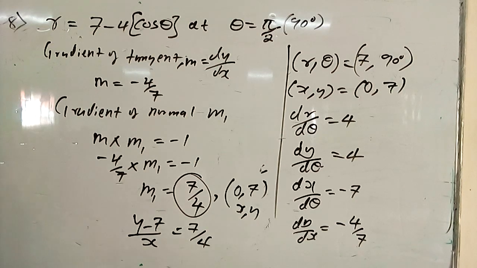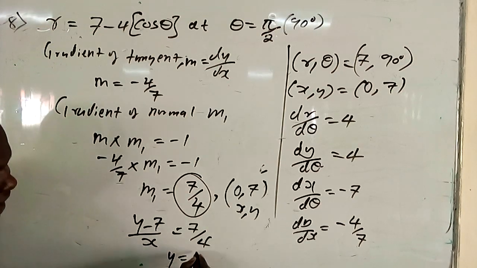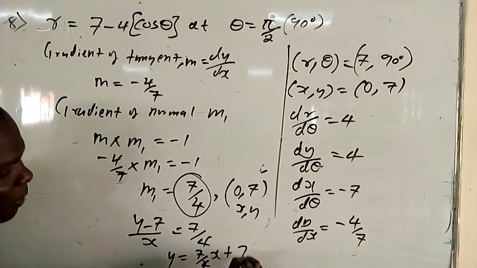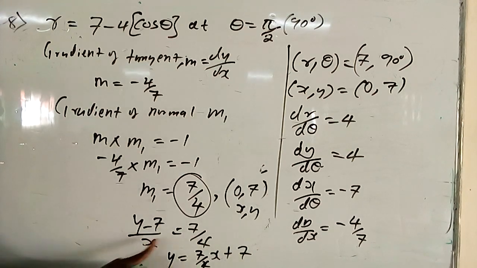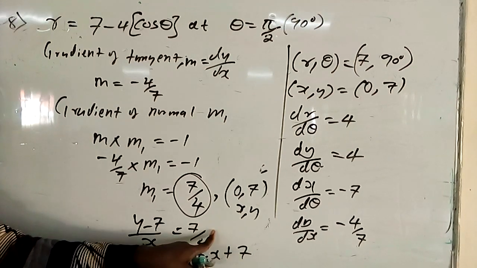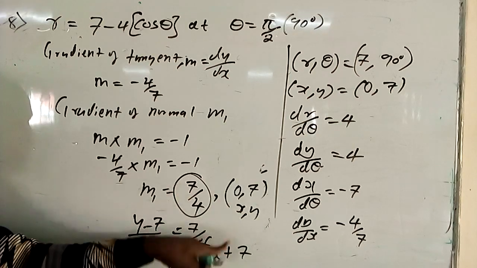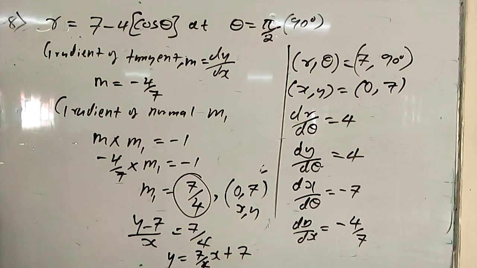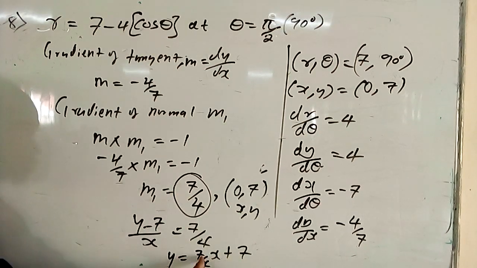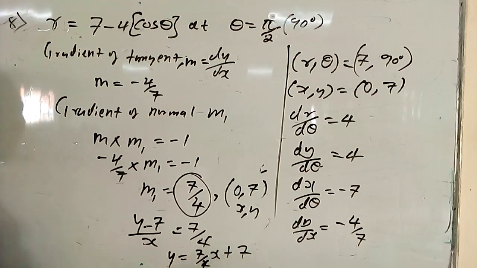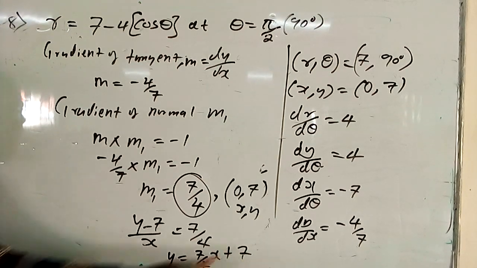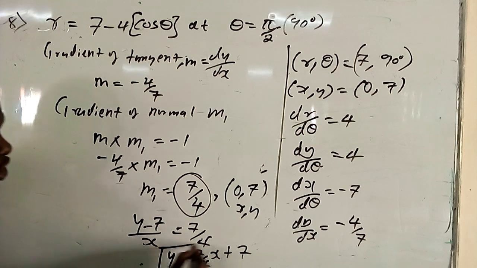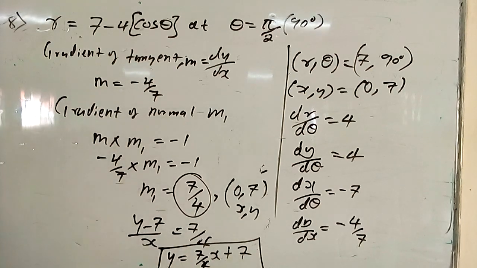If you simplify that, you get y is equal to 7 over 4 x plus 7. Here y equals mx plus c, where m is the gradient and c is the intercept. So you found the equation of the normal to that given curve. Are we together? Good.